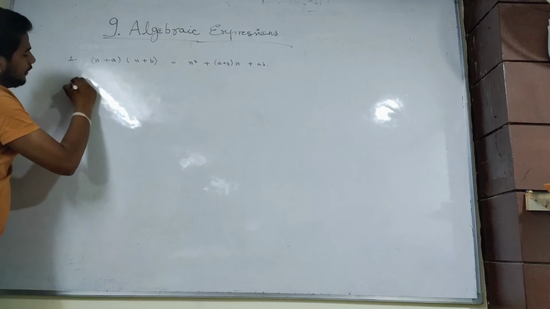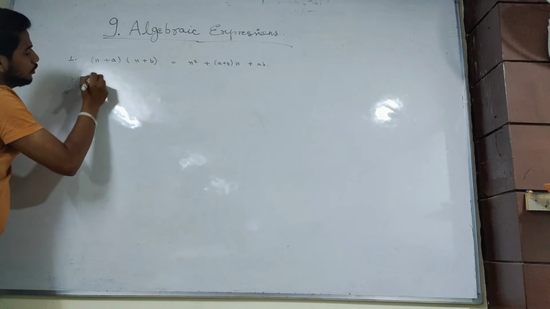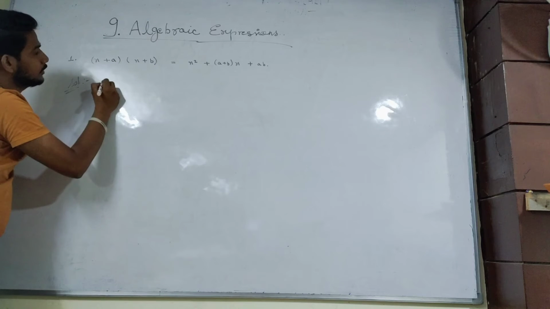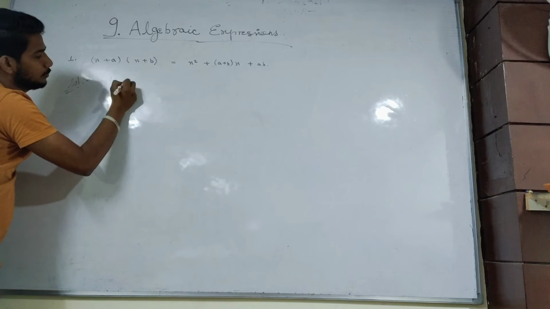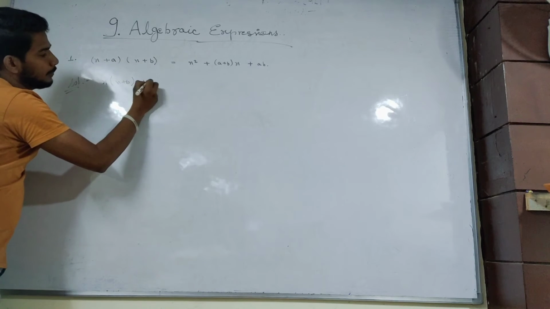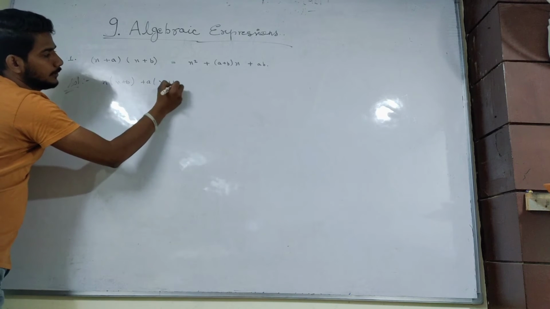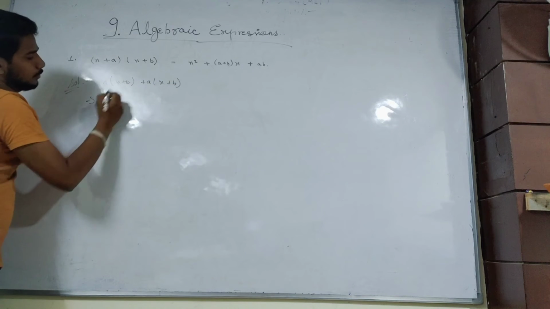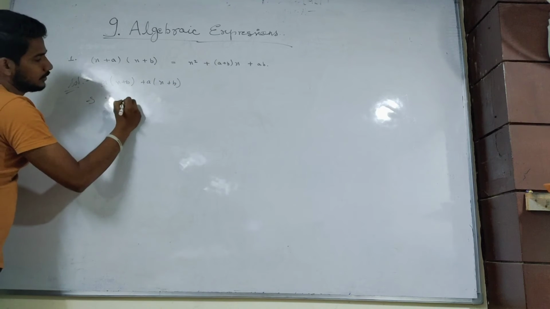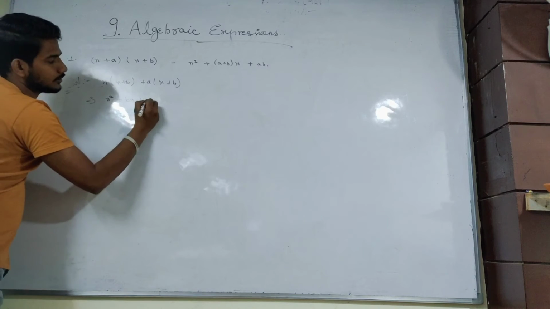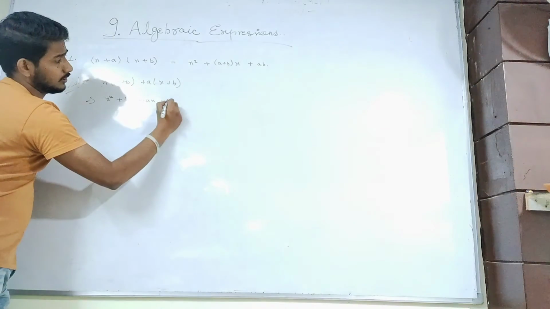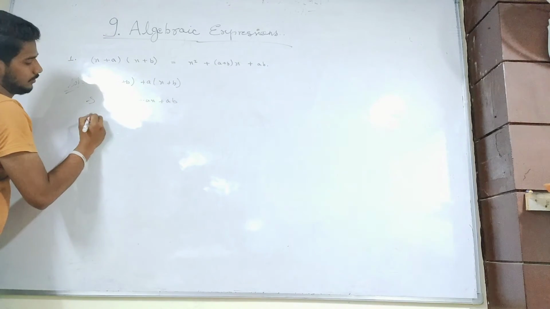What we have done earlier, we just have to open the bracket and multiply. So x into x plus b, plus a into x plus b. It will be x square plus bx plus ax plus ab.